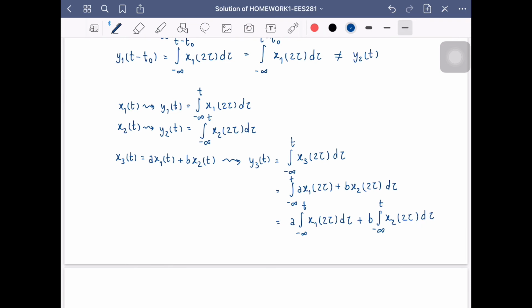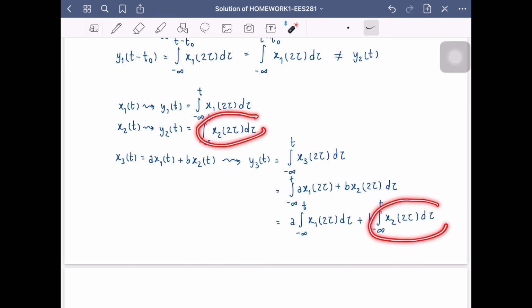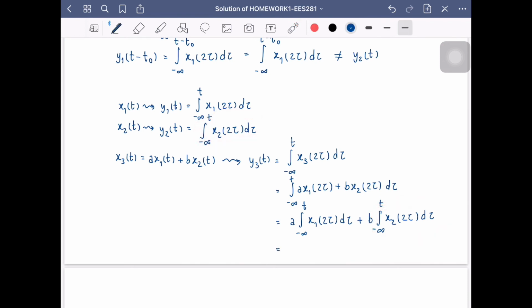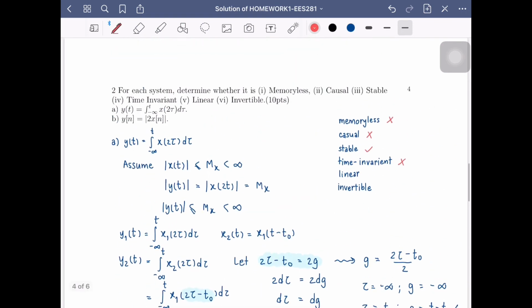Then we can see that this one equals this one, and this one equals this one, which we can relate as a y1 plus b y2 equal to y3, which means this signal is linear.